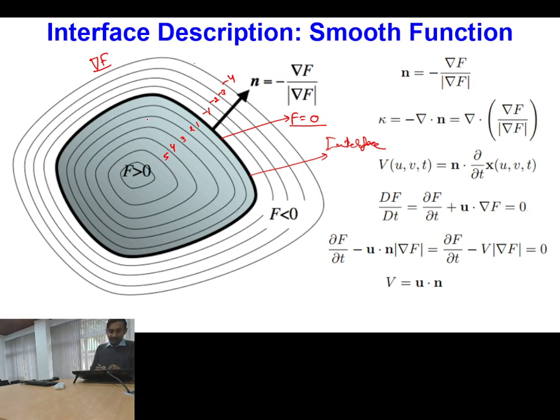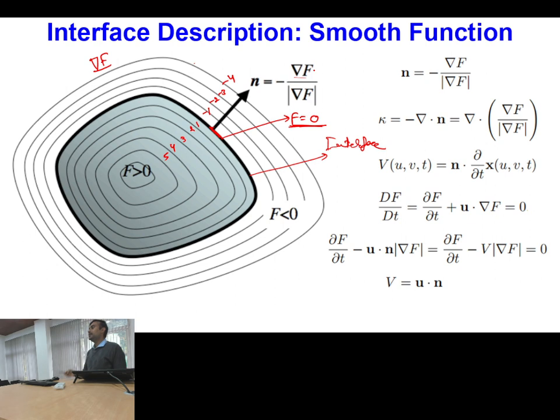If I calculate the gradient of this function at the location where f equals 0, again it will point in a direction normal to the interface, but it is not a unit vector now. So its gradient alone will not be equal to the normal vector, but it will be some vector in the direction normal to the interface.